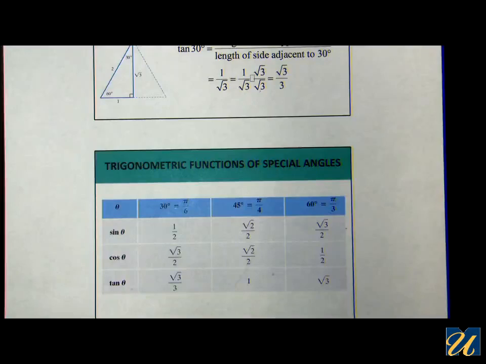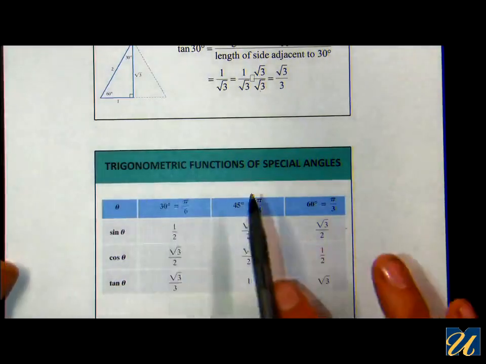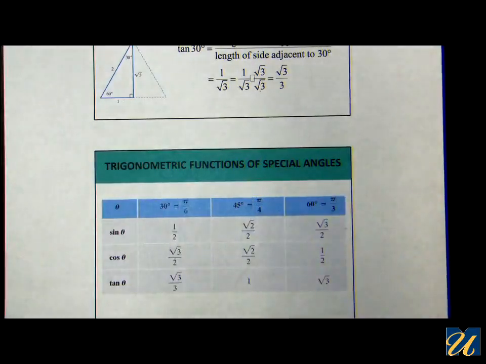If you wish to get the secant, secant and cosine are reciprocals, so you could reciprocate these and get the corresponding secant values, and the cotangent would be the reciprocal of these values here. But I encourage you to go to the triangle, go to the right triangle definitions, and obtain the values of all 6 trig functions at each of these angles to get a little practice and a little confidence.